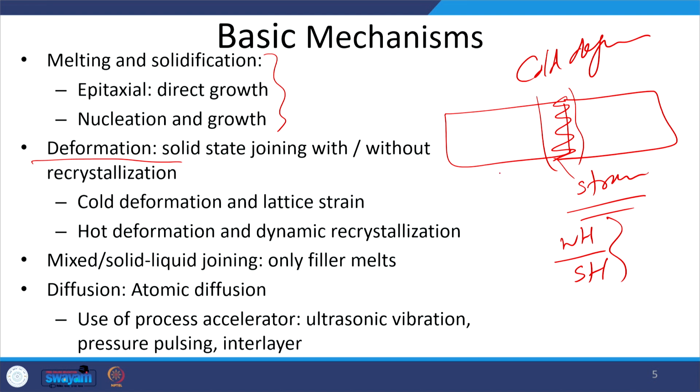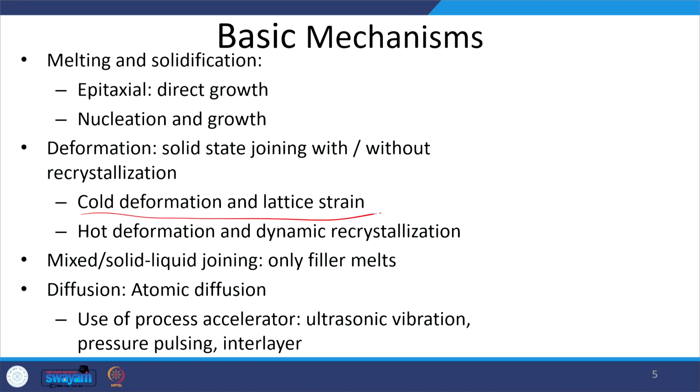So, we may find in this situation that, due to the work hardening, the hardness at the interface is higher as compared to that of the parent metal. This is a scenario when there is no recrystallization, only the lattice is getting strained and leading to the work hardening effect. This may happen in cold welding conditions, especially when not much heat is generated.